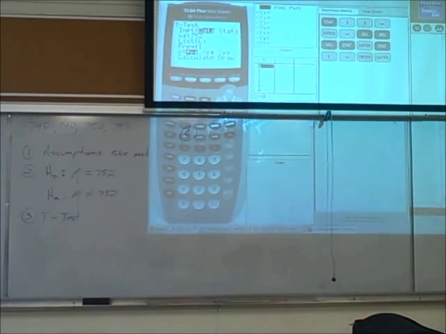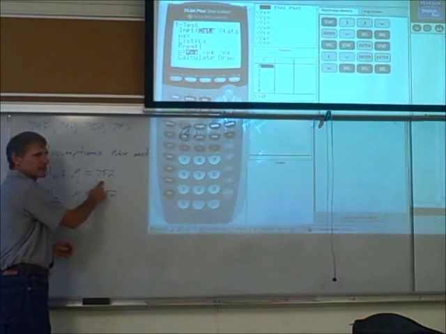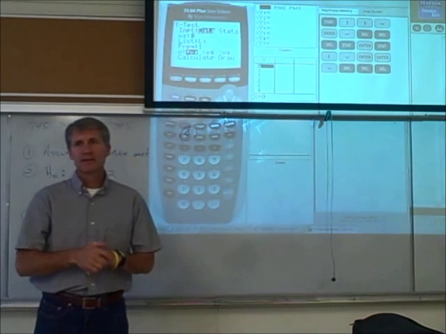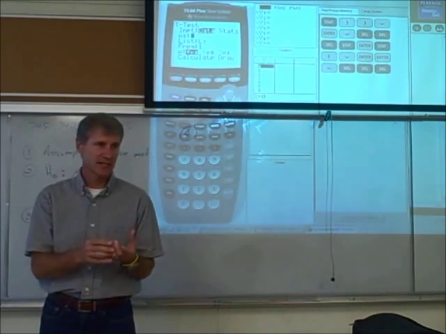Press enter while the data word is blinking, and that selects it. And then the next thing down is mu0. What value do I put in there for mu0? 752. Okay? The value from your null hypothesis. A really common mistake is to put in the sample mean there instead of the hypothesized mean.